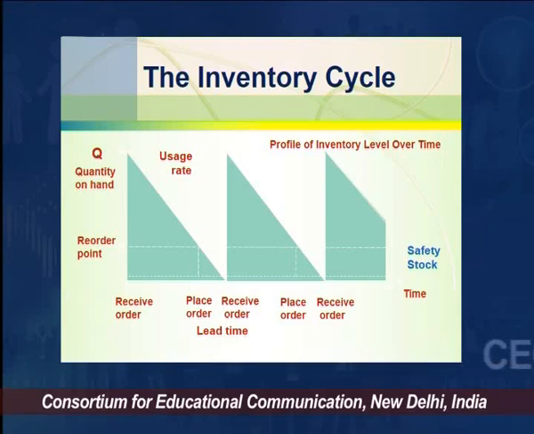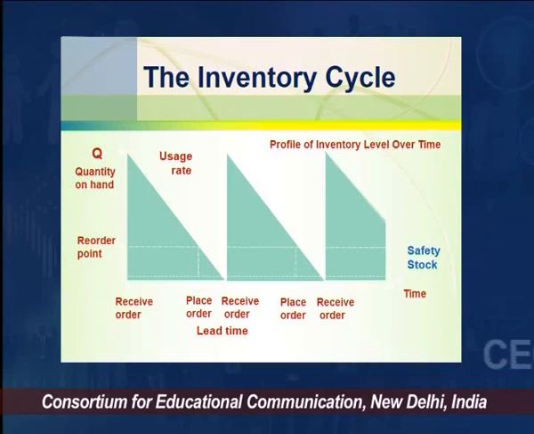Then the slanting line is showing that the inventory is being consumed. And then in between there is a reorder point. So you don't let the inventory become zero before ordering, but you order much before the inventory becomes zero. That becomes your reorder point. And then once again the new inventory will come, again it will be consumed and again.